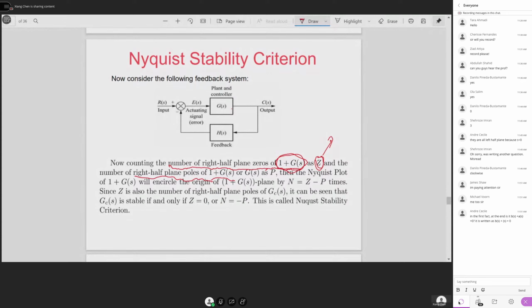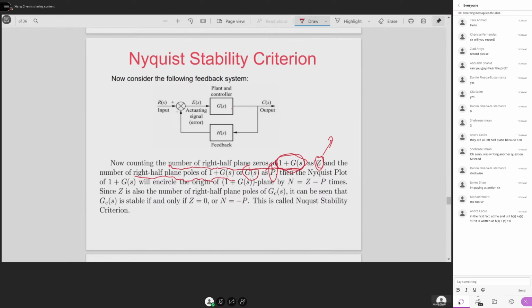So this information can be obtained from the open loop transfer function G of S. Once again, it is available, right? So we're going to denote this number of right half plane poles of 1 plus G of S as P. Okay, so far so good.